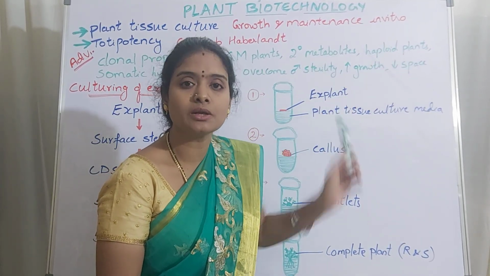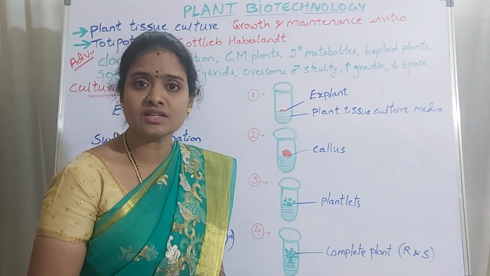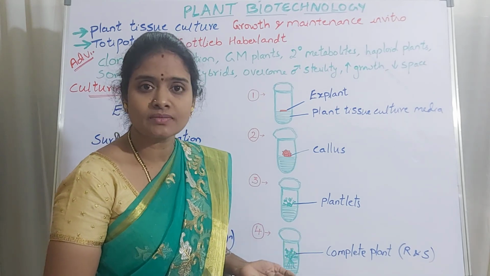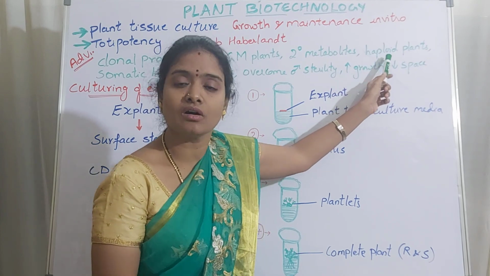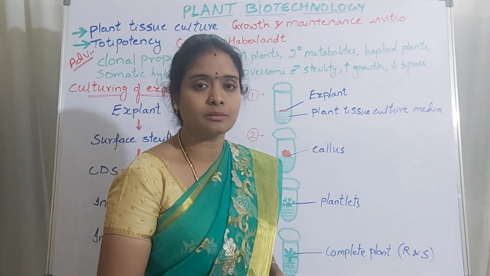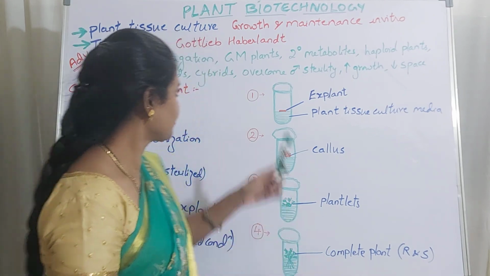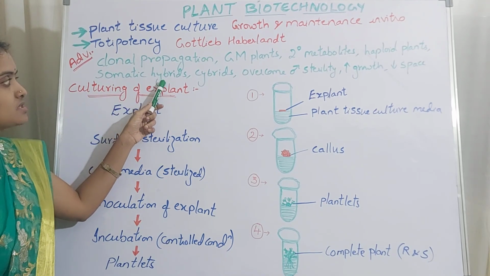That means you can make use of only the pollen. Right? Without fertilization, you can use the egg cells or the ovules before fertilization, or you can make use of pollen or the anther culture, where you can produce single gamete plants. They are haploid plants.